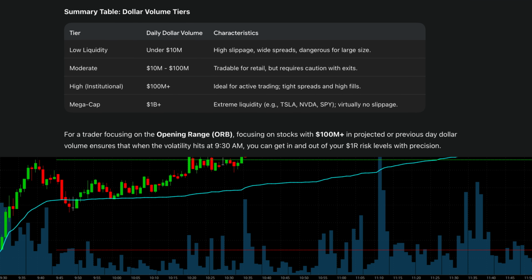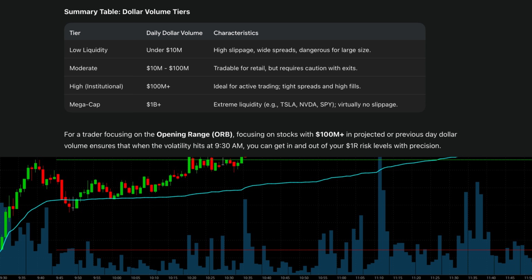Summary table. Dollar volume tiers. Tier, daily dollar volume, characteristics. Low liquidity: under $10 million. High slippage, wide spreads. Dangerous for large size. Moderate: $10 million to $100 million.